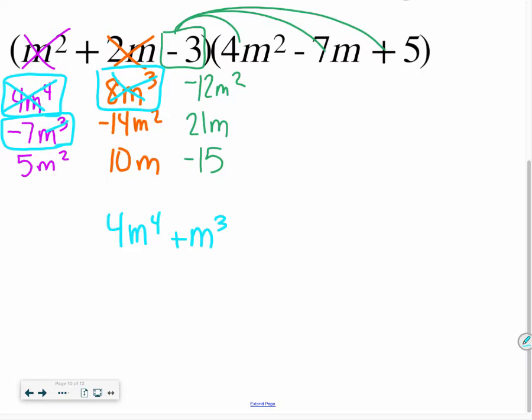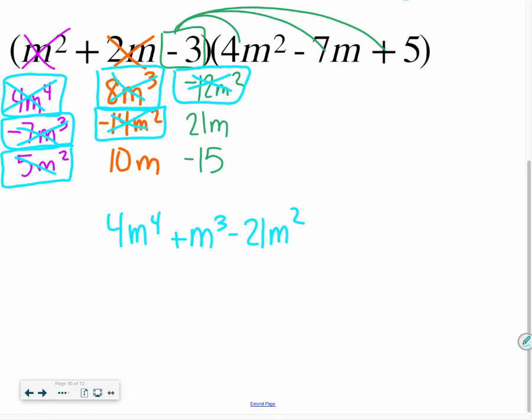I'm done with those. Now I'm looking for m squareds. So I have positive 5, negative 14. That's going to give me a negative 9m squared minus 12m squared. That brings me down to negative 21m squared. So I'm done with those.